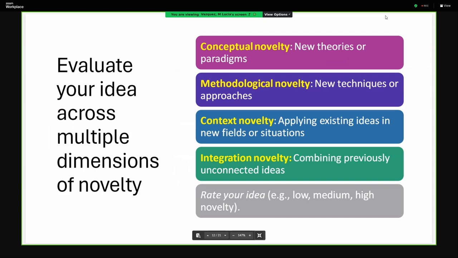Once you have assessed your idea, you have to rate it. Okay, my conceptual novelty: am I introducing a new theory? Maybe yes, maybe not. But maybe I'm introducing a new technique, or applying my technique to something that nobody else had applied before. So you have to continue assessing your idea.